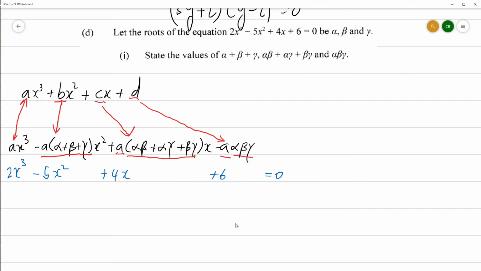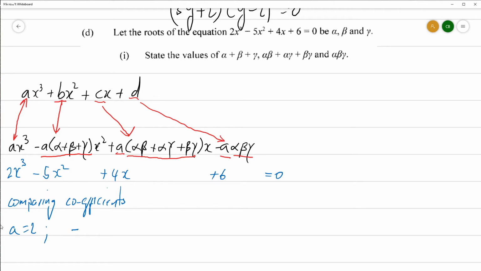Well, it's an equation, not a polynomial alone. So clearly, comparing coefficients, we will get that a is 2, so that's the easy one.